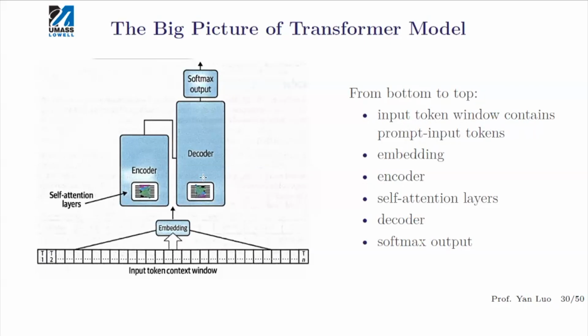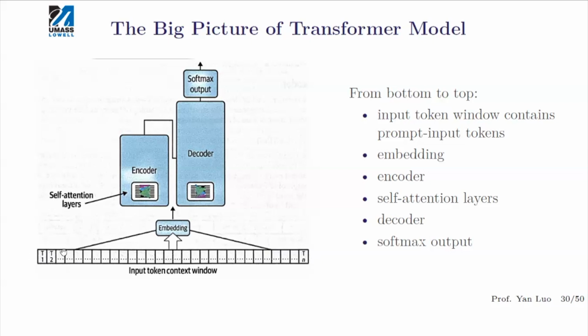Okay, so the transformer model, as we explained, has this encoder and decoder. But in fact, if we put it into context and connect with what we said earlier about tokenization and embedding, this is really the first part we explained.